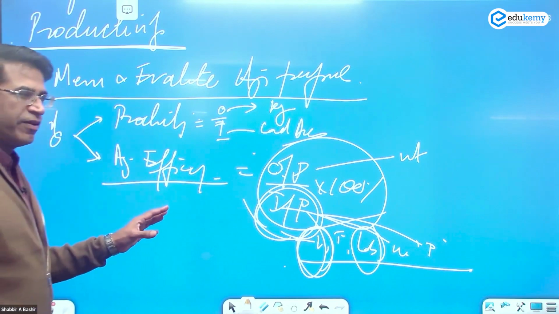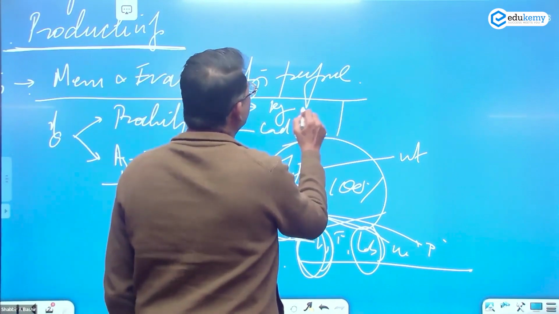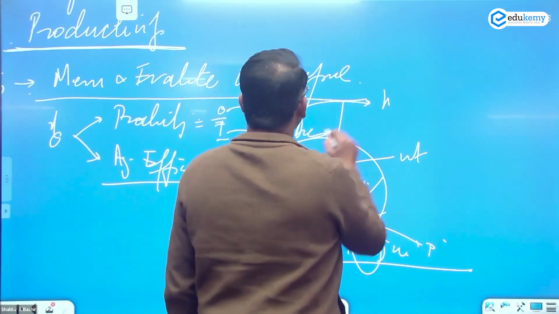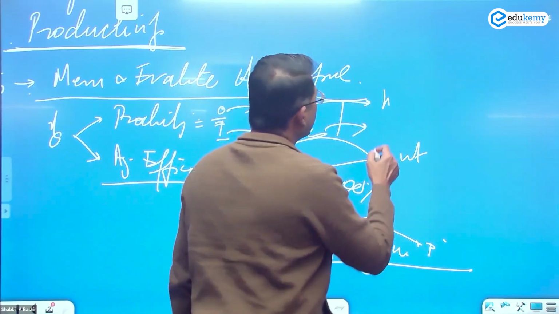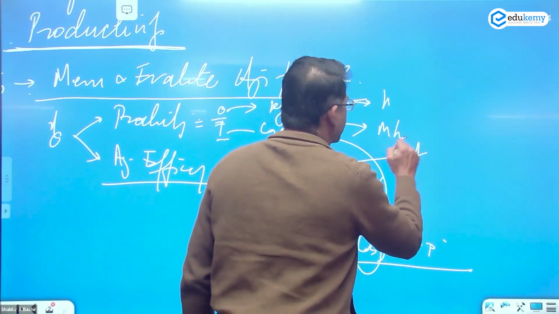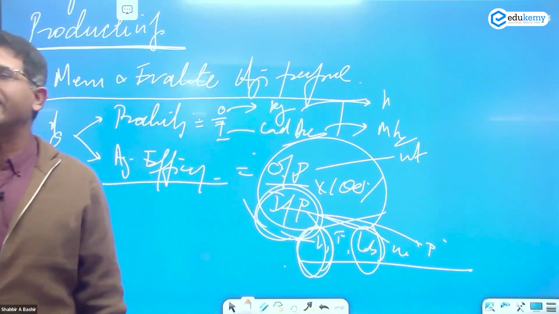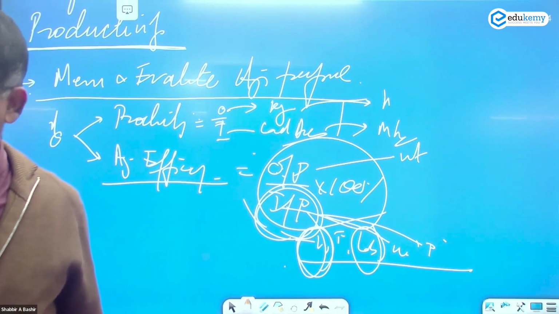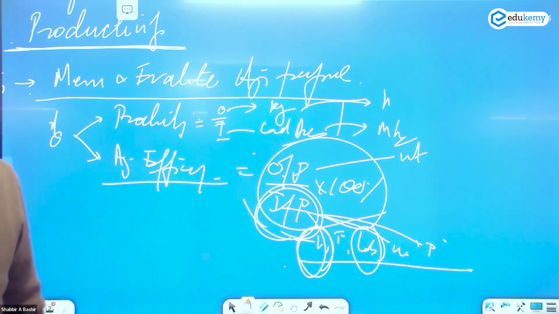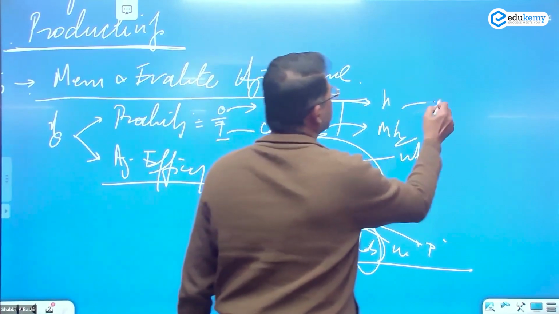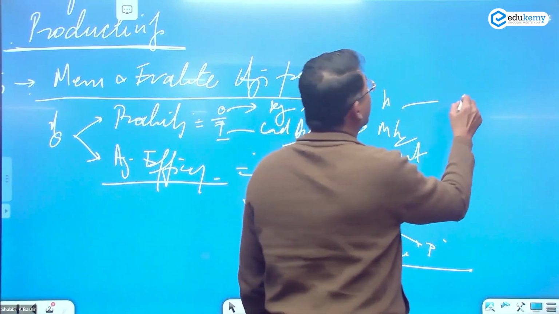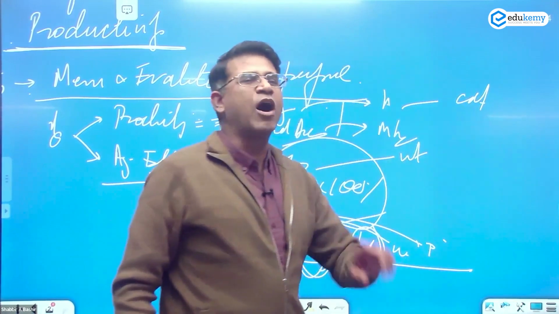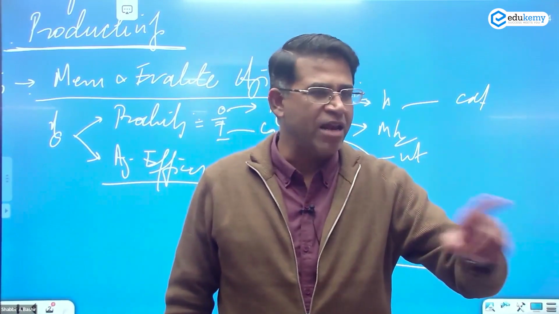I'm very selective. Some can say no, output in terms of maybe kg, input in terms of the man hours. हम तो wage payment कर नहीं रहे हैं ना, but I know 10 people worked for 5 hours every day. I can add man hours. Somebody can say no, let us do what is the output in terms of calories. Otherwise, how do I compare wheat and rice and maize?